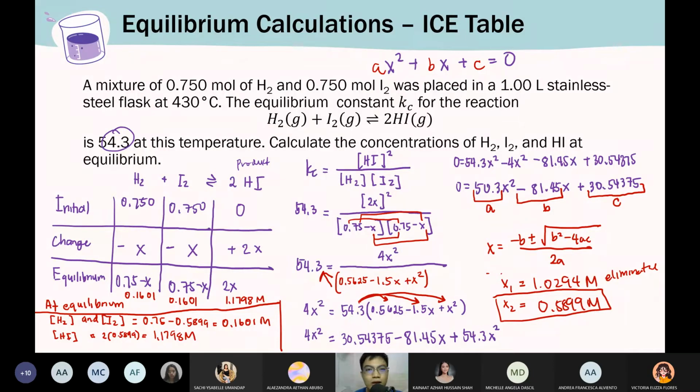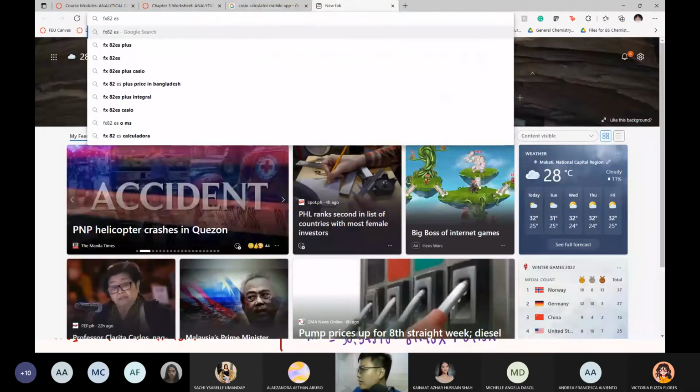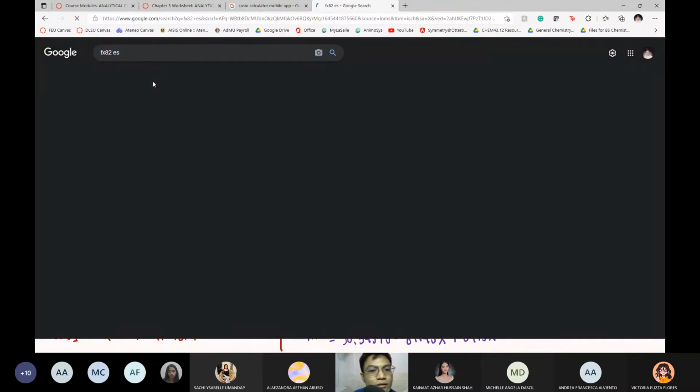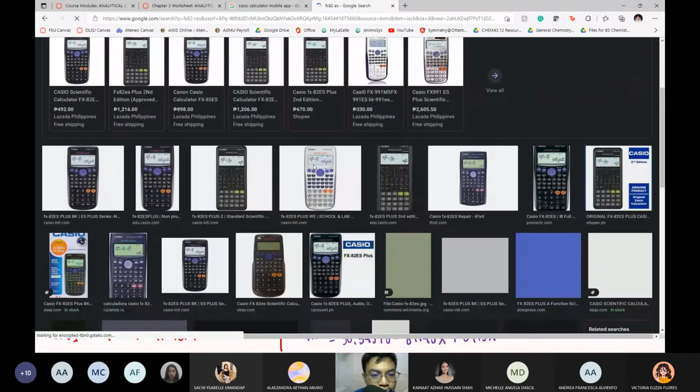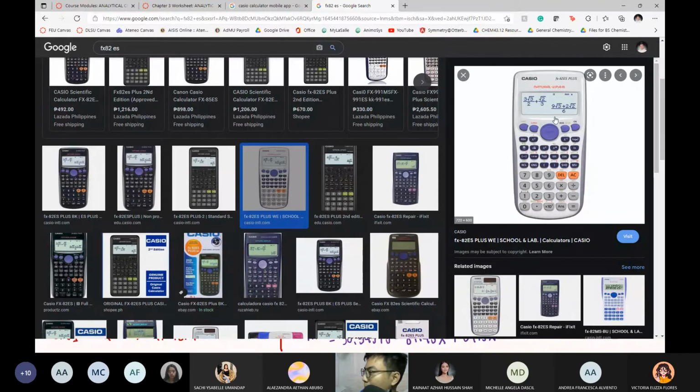Kasi alam ko yung FX82, walang equation to eh. Ano yung option mo kapag Class with calc?